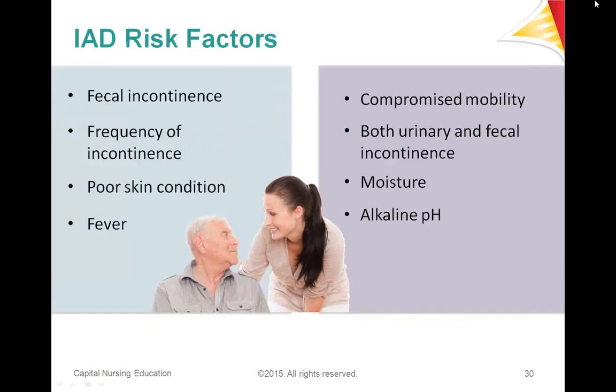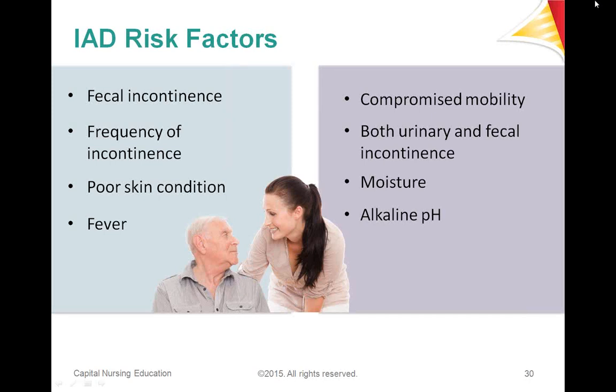Again, this shows fecal incontinence, and you might wonder what some of the factors are other than the ones that we've already discussed. We know that fecal incontinence places the skin more at risk. Certainly the frequency of incontinence is to be closely monitored in these patients.